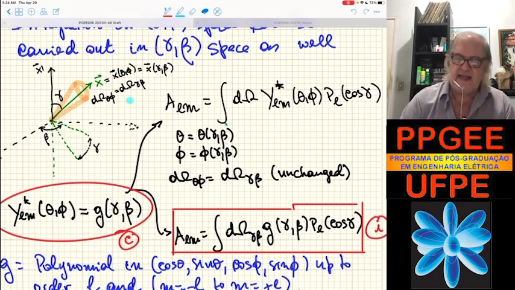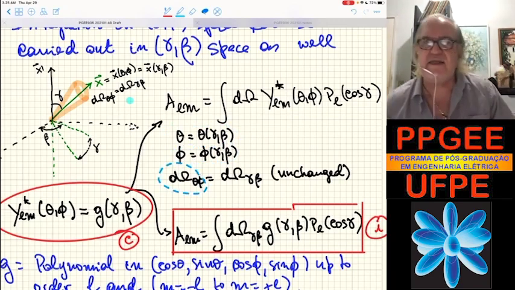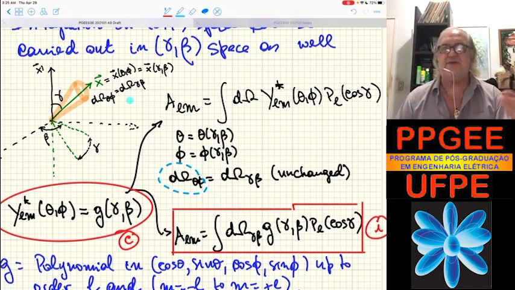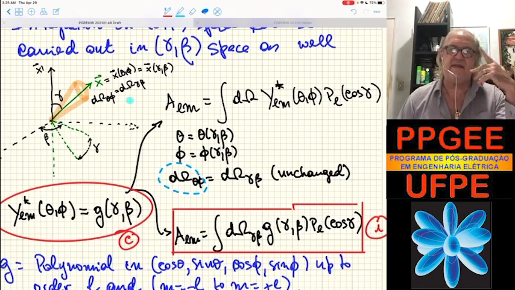Okay, so theta is going to be a function of those rotational angles that I just showed you, and phi also will be. The solid angle is unchanged by this transformation. If it's 0.1 steradians, it's going to be 0.1 steradians in any system.